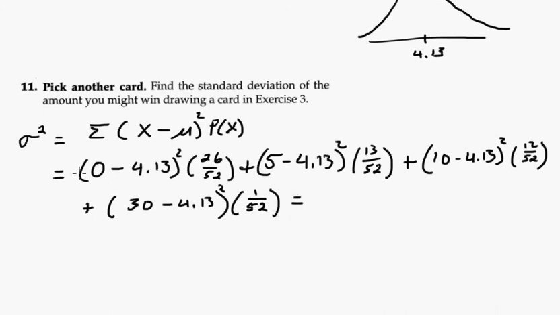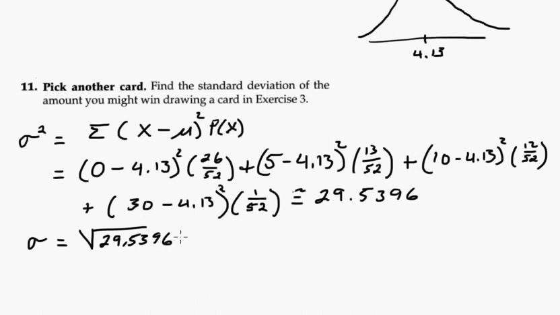You need to punch this up on the calculator, and what I get is approximately 29.5396. So the standard deviation would be the square root of 29.5396, and that turns out to be approximately $5.44.